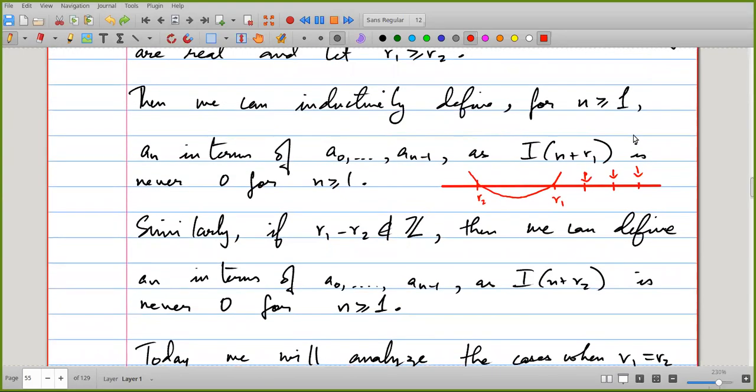And similarly, the second point, which we also saw last time: if r1 minus r2 is not an integer, then when we look at the points I of 1 plus r2, I of 2 plus r2, I of 3 plus r2, I of 4 plus r2, and so on, these points will never be equal to r1 because r1 minus r2 is not an integer, and therefore I of n plus r2 is also never 0.